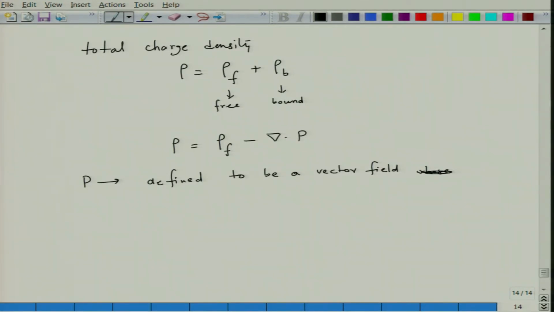So, P is related to the bound charges, and by definition divergence of P is equal to minus rho_B.